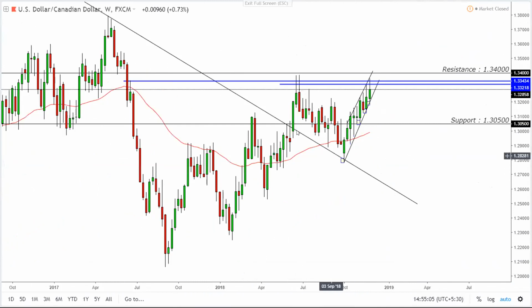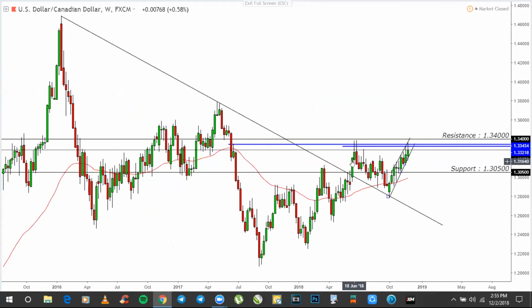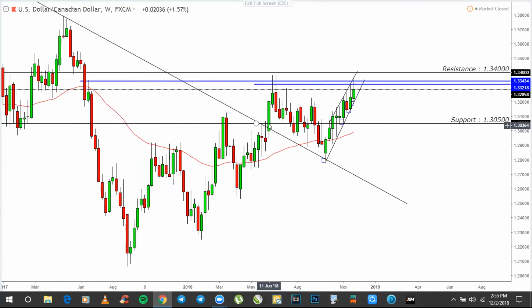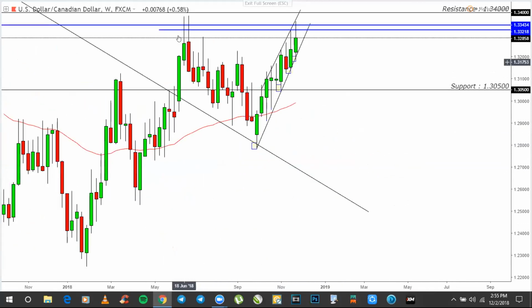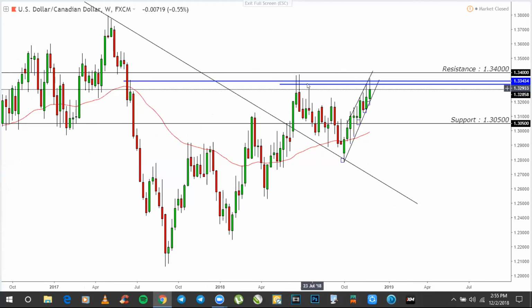USD CAD broke this bearish weekly trend line on the 11th of July and then went to the resistance region around 1.33500 and made a bearish channel.